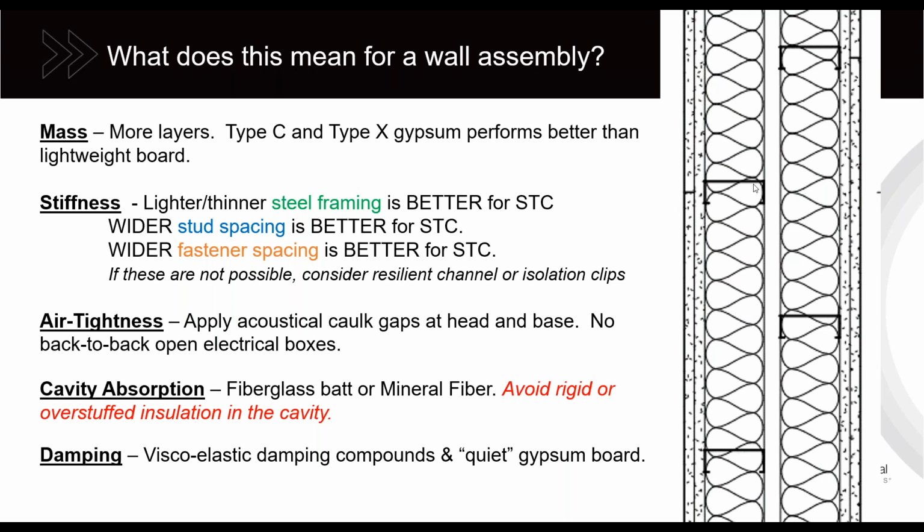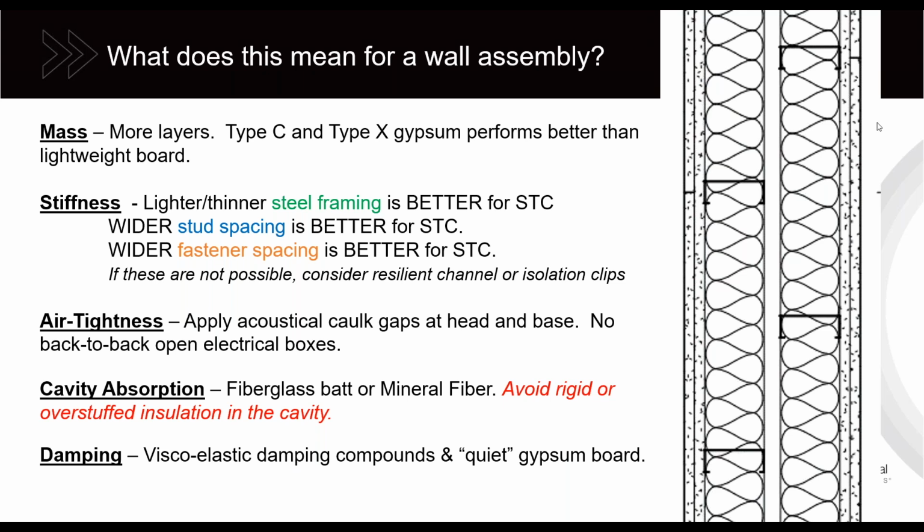And you want to avoid materials that are very, very rigid to the point where they're increasing the stiffness of this wall and not adding much mass. So think about that. Materials that might be stiffening the wall and not adding much mass, those could actually hurt your STC rating.